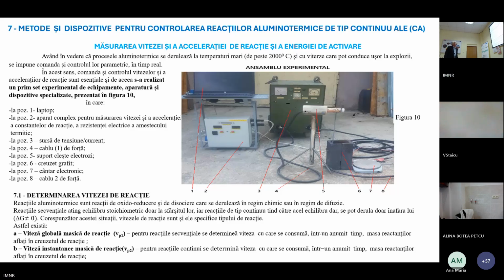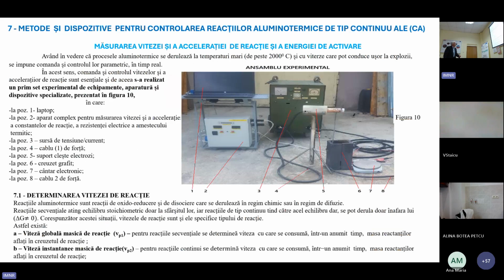Pentru aceasta a fost realizat un set de echipamente care este în figura din dreapta și care conține un laptop, un aparat complex pentru măsurarea vitezei și accelerației, a constantelor de reacție, a rezistenței electrice a amestecului termitic și mai sunt și altele. Dar pentru că nu ne putem întinde vreo 2 ore, le-am pus aici o parte.